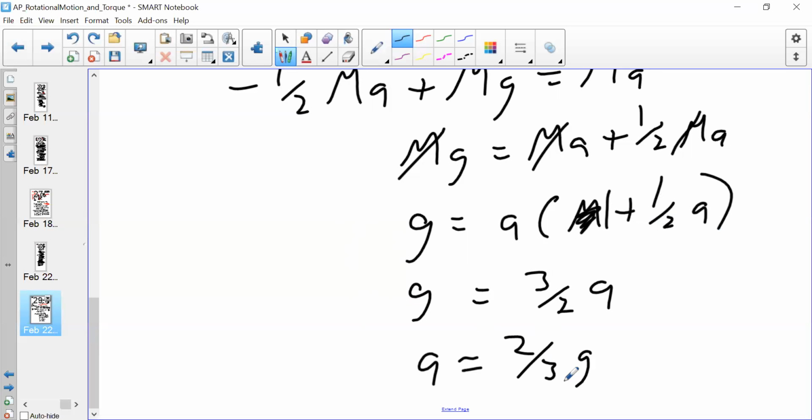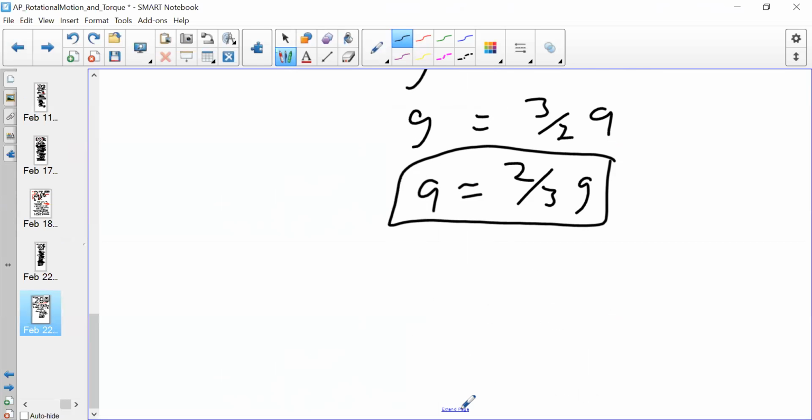So, to prove that the acceleration is 2/3 g, or 2g/3. Yeah. So now we got this part. We can go and prove the tension, get the tension being 1/3 the weight of the disk.